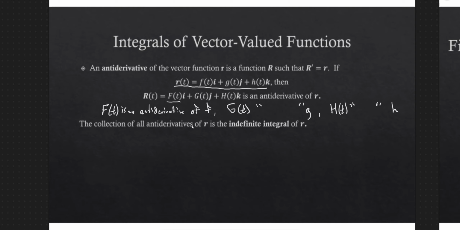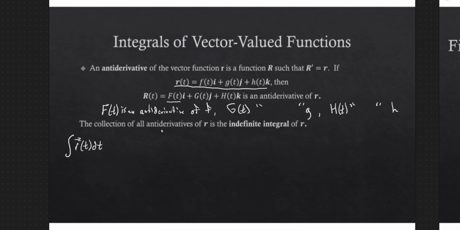And so what's this caveat that I'm talking about? What's this extra thing that happens with vector valued functions? Well, let's just run through taking the indefinite integral. So let's say I want the indefinite integral of r of t dt. Remember, the indefinite integral is the collection of all antiderivatives.